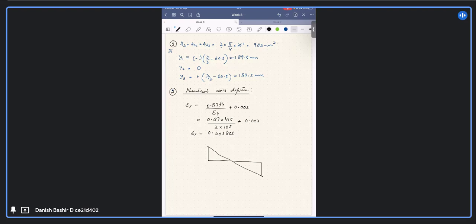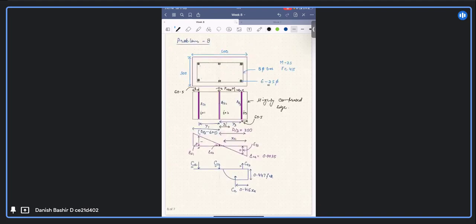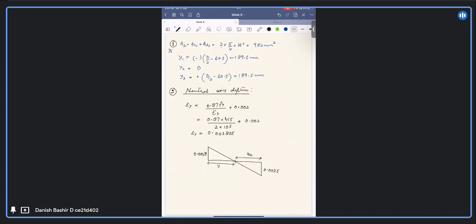This is 0.0038, and this is 0.0035 as per the definition of a balanced section, and this is given as the depth of the neutral axis xu. Obviously this is y1. So I have to calculate xu.